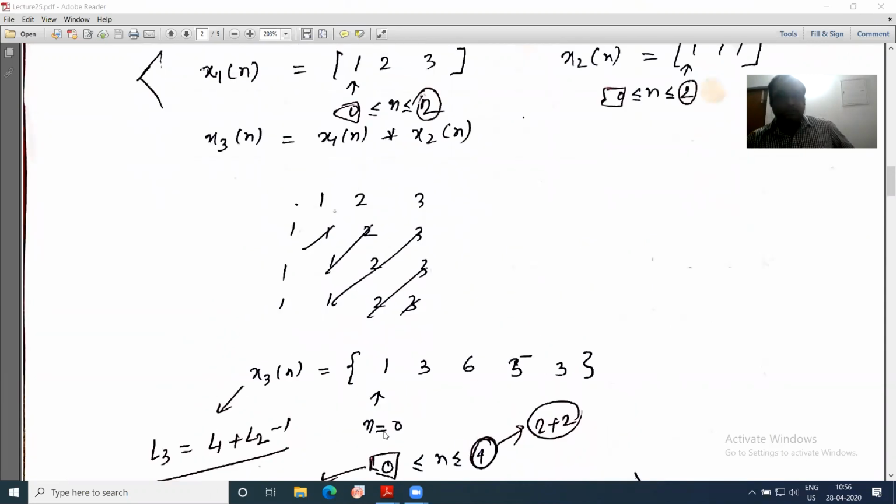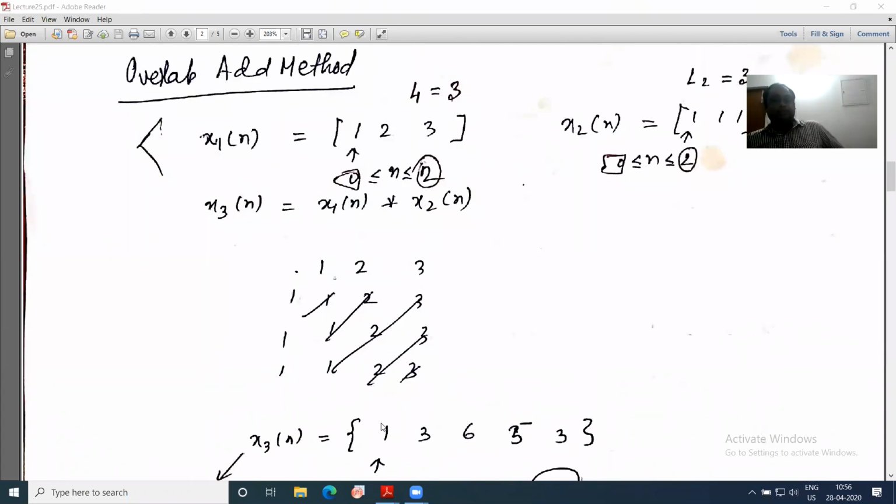So what is the conclusion so far? In a linear convolution, what I conclude is that if the length of x1 is L1 and the length of x2 is L2, then once we convolve x1 and x2, the length of the corresponding signal x3 will be L1 plus L2 minus 1.